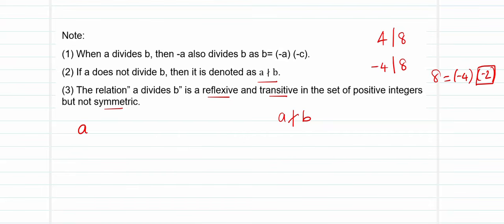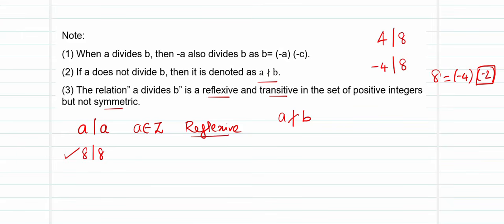If a divides a is true for all a belonging to the set of positive integers, then it is reflexive, and hence it is true. We all know that 8 divides 8. This is true, so it is reflexive.